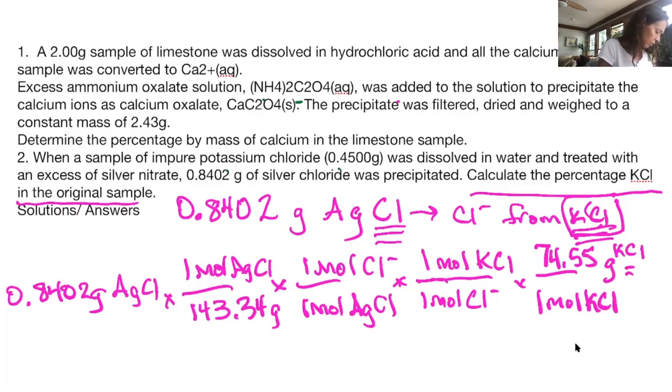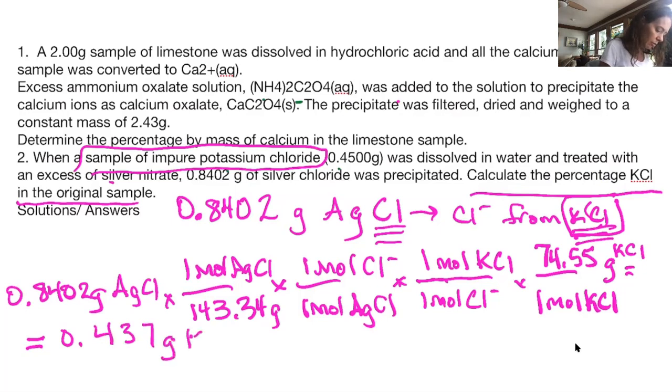Okay, so let's do the math. 0.8402 times 74.55, divided by 143.34 equals, and that tells us that in our original impure sample of potassium chloride, it contained 0.437 grams of potassium chloride. And we figured that out through the process of gravimetric analysis.